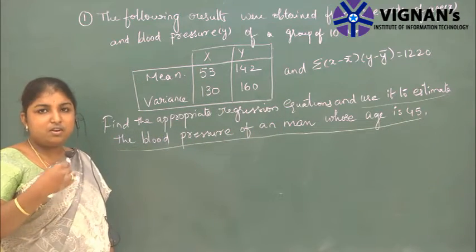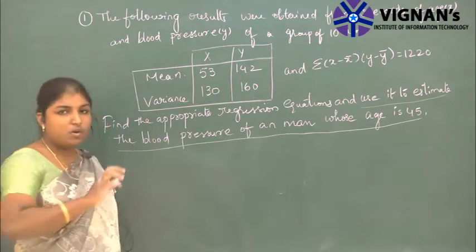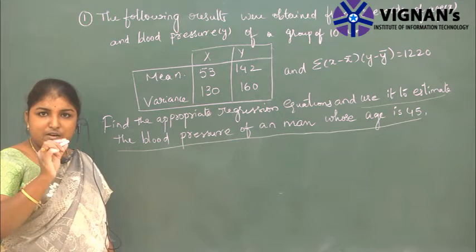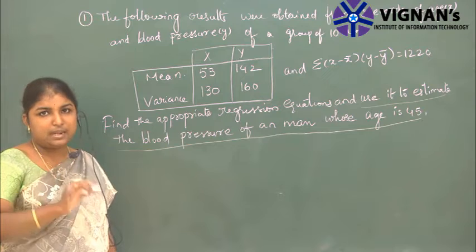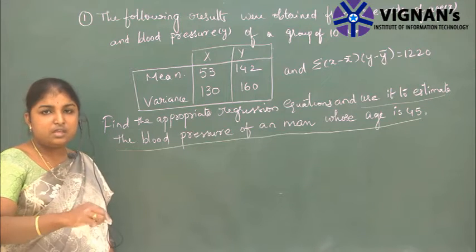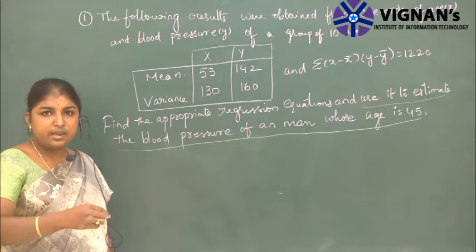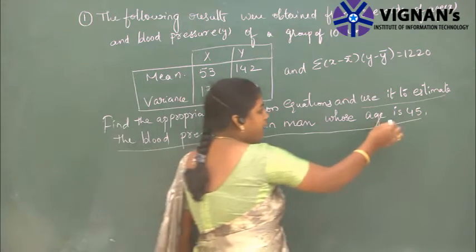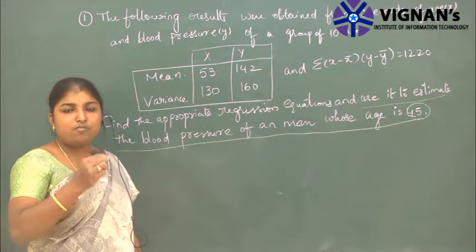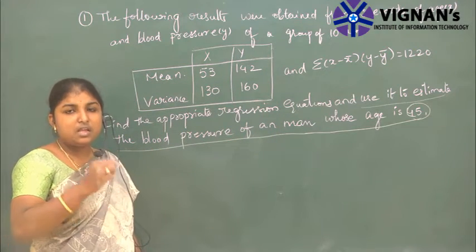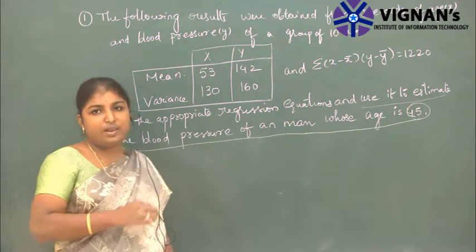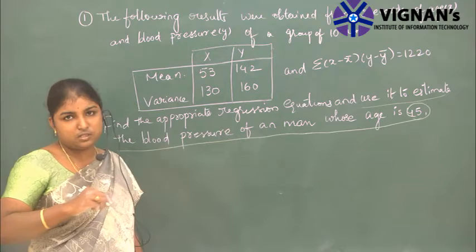So here we are finding the y on x line. After finding the y on x line, we substitute the age x equal to 45 in that line to get the value of y, the blood pressure for a 45-year-old man.